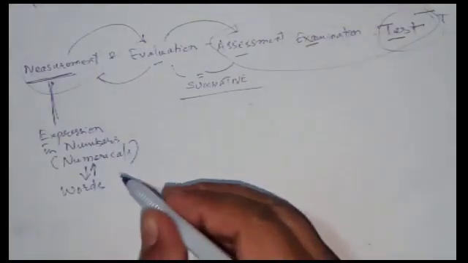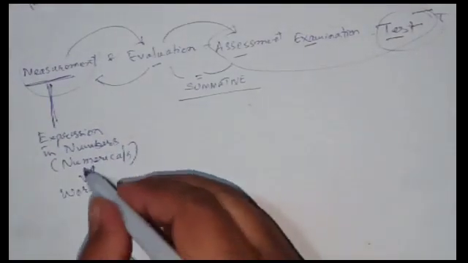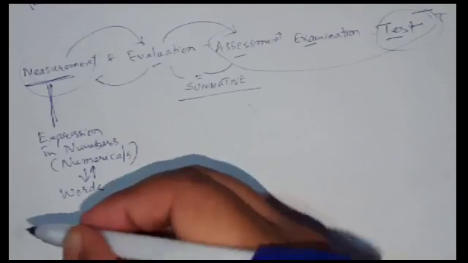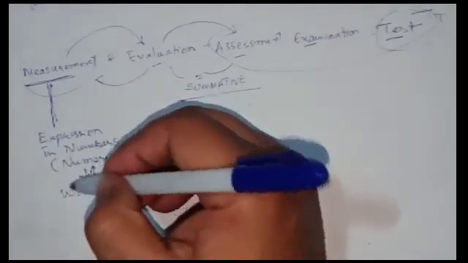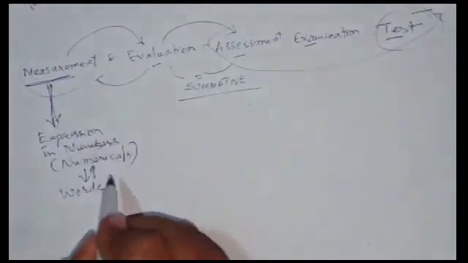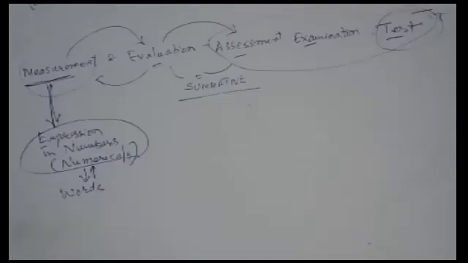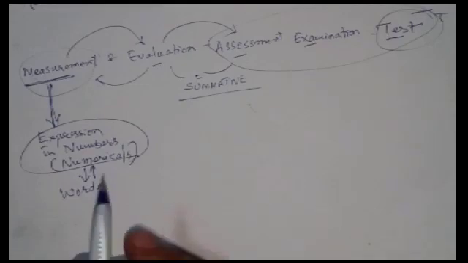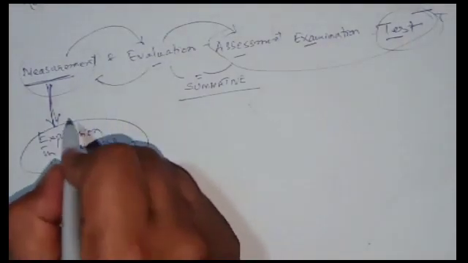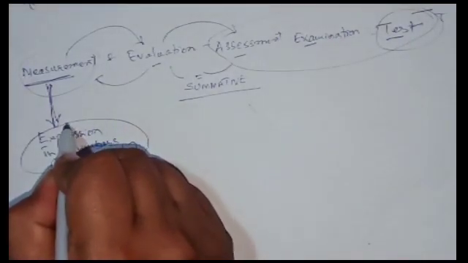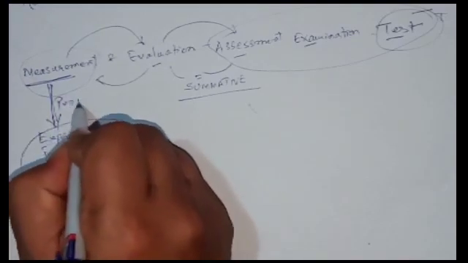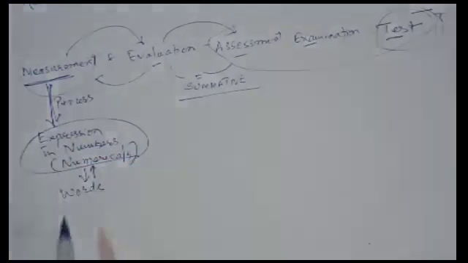But there are certain conditions where numerical things cannot be converted into words, and words cannot be converted into numbers. But up to this point, any process expressed through numbers or numericals is basically the fundamental of measurement.